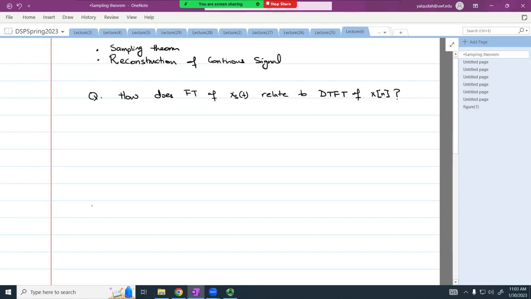So we calculated the Fourier transform of x_s(t), but we want to see how the discrete time Fourier transform relates to it. So starting with X_s(jω), this is the Fourier transform of x_s(t), which is equal to the integration from negative infinity to infinity, the summation from n equals negative infinity to infinity, x_c(nT) delta(t − nT) e^(−jωt) dt.